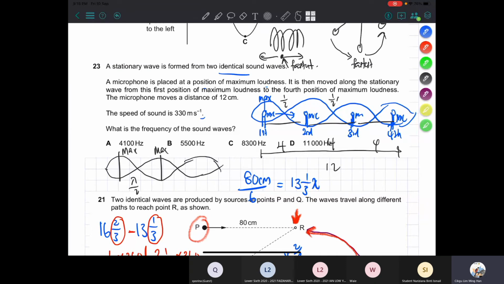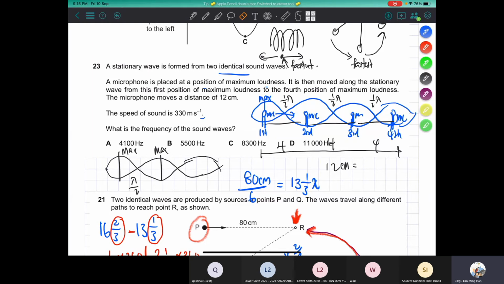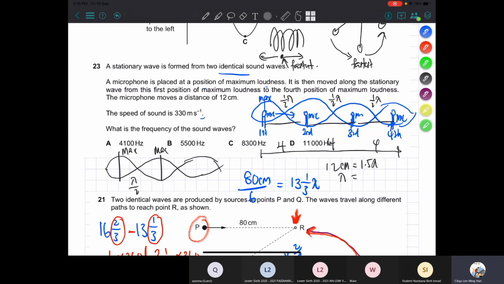This is another half wavelength, and this is another half wavelength. So in 12 cm, there are one and a half wavelength. Yeah, 1.5 wavelength.